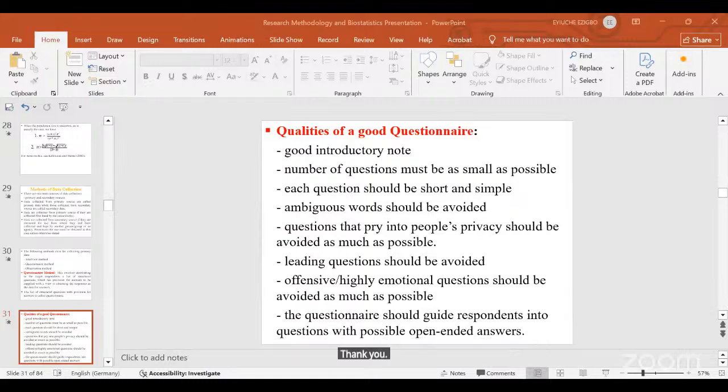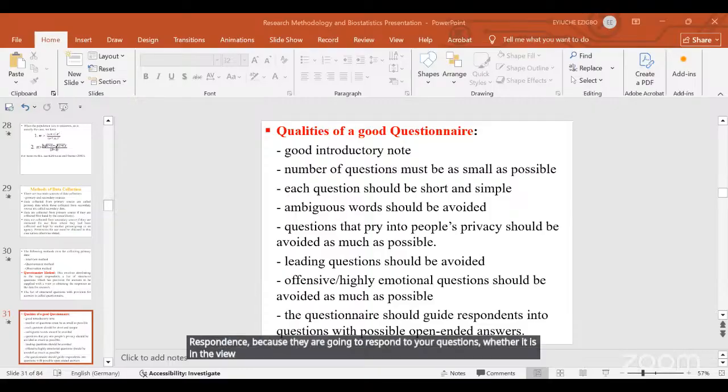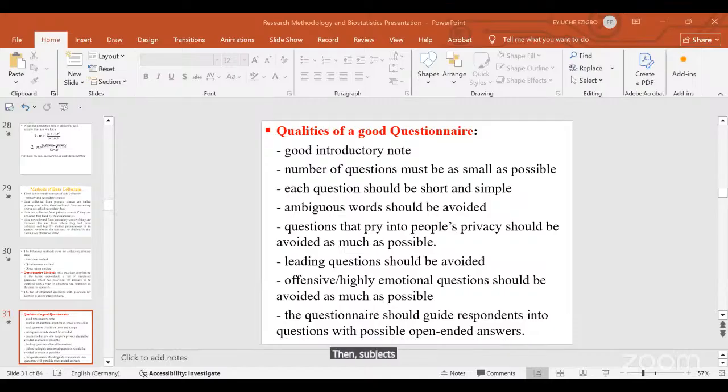Whether it is called respondents or participants, they are saying the same thing. Respondents because they are going to respond to your questions, whether it is interview or questionnaire. Participants because they are the people that are participating in your study. Then subjects because they are the individuals that you are getting questions from.